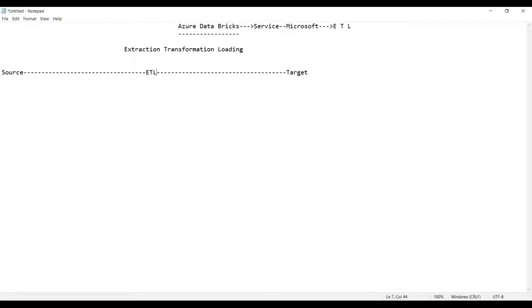Between the source and the target, we perform the job of ETL, that is extraction, transformation, and loading.